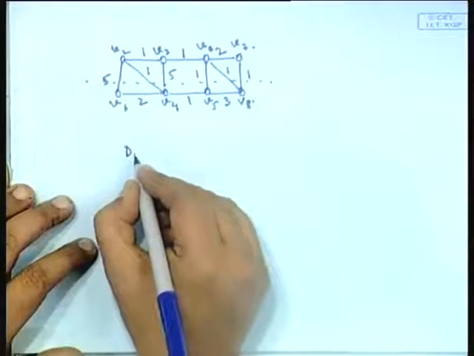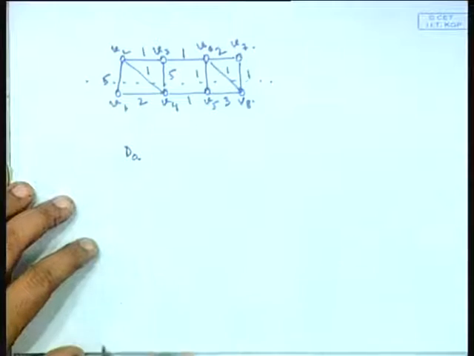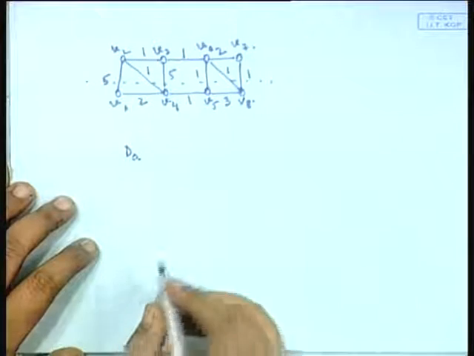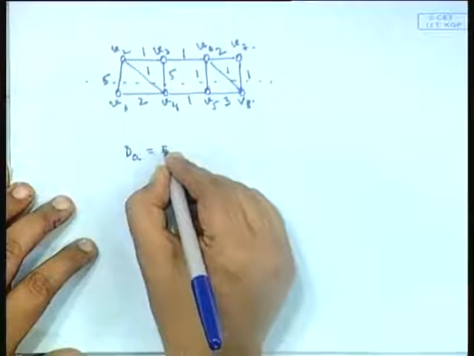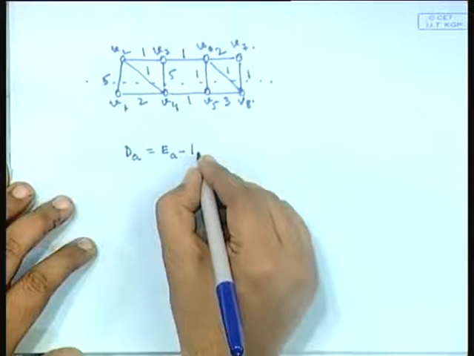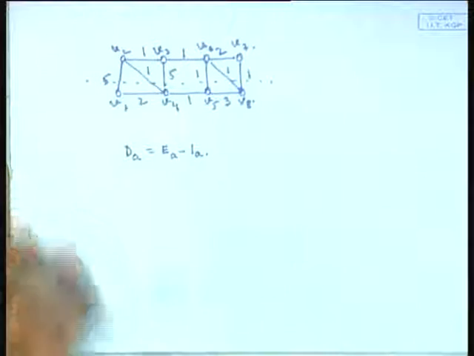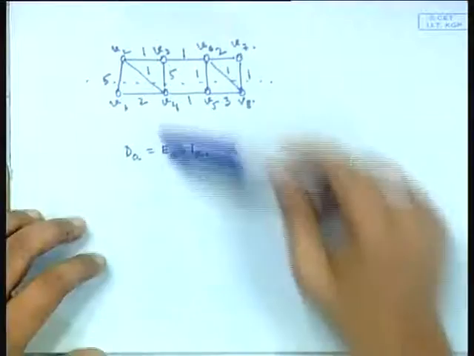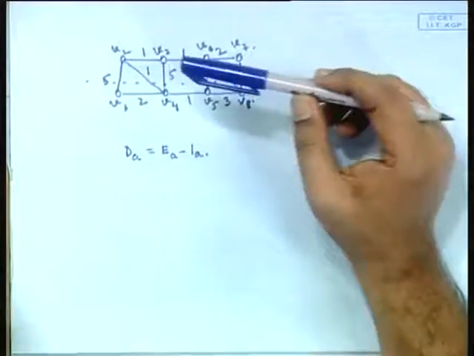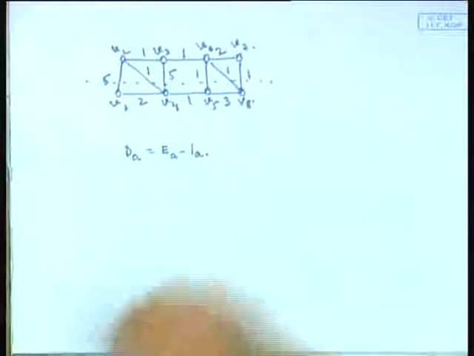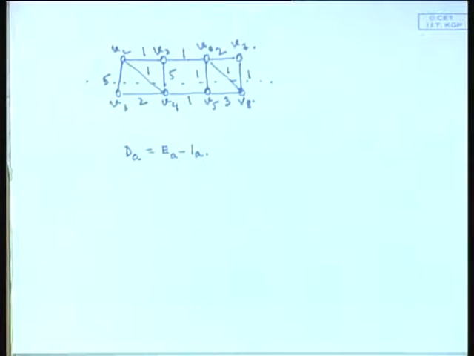So, cost of any node A, I denote it as dA, is external cost minus internal cost. That means the number of connections it has externally minus the number of connections it has internally. Why am I doing the minus? The cost is cut, and I want to minimize cut.